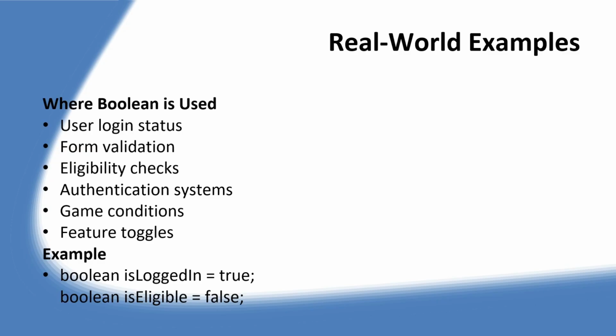In later videos, we'll understand decision making and control statements in much more detail. But for now, we should understand that booleans are used in such statements, as we have seen in some of the examples. It also improves program logic and readability. So these points make Boolean one of the most important data types in Java.